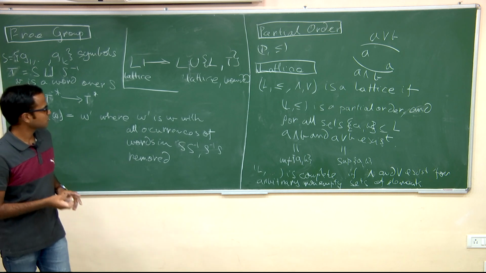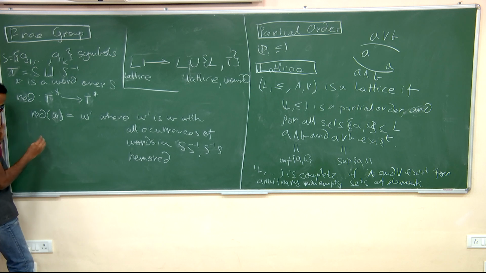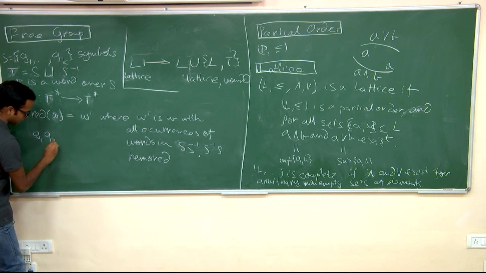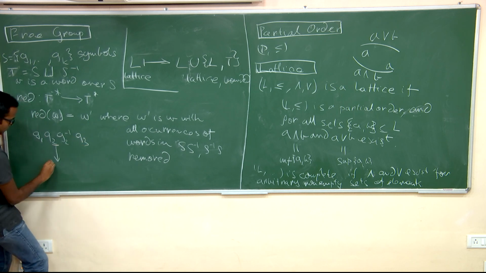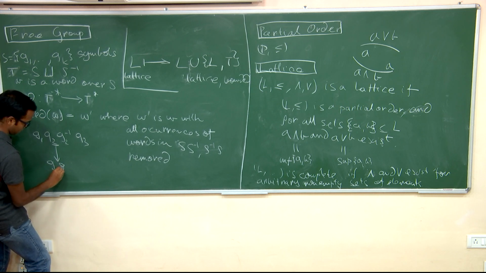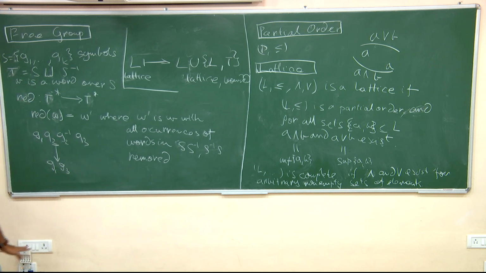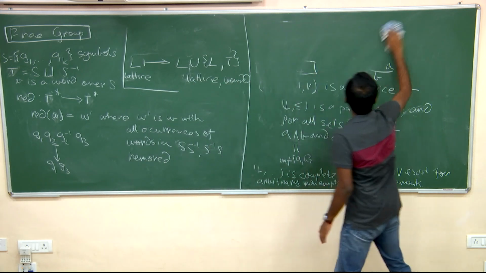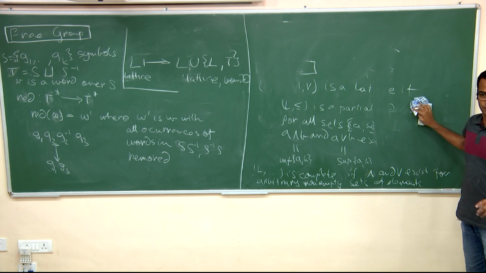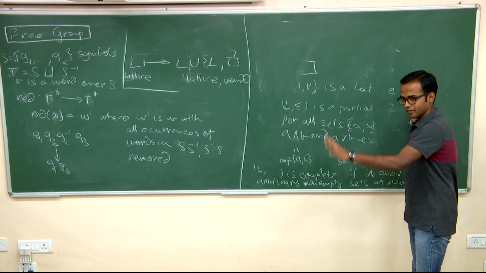So this reduction operation, basically what it will do is, if you have a word like G1, G2, G2 inverse, G3, it will convert it to the word G1, G3. That's all it does. It just removes all occurrences of a generator followed by its inverse, or an inverse of a generator followed by the generator.